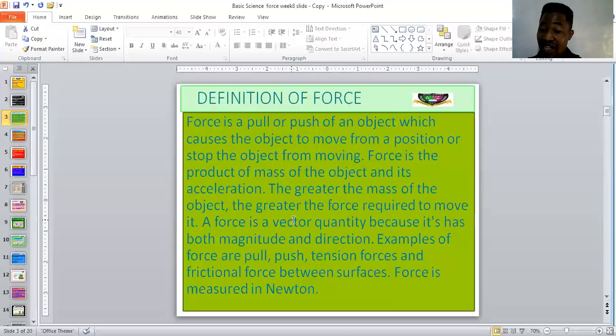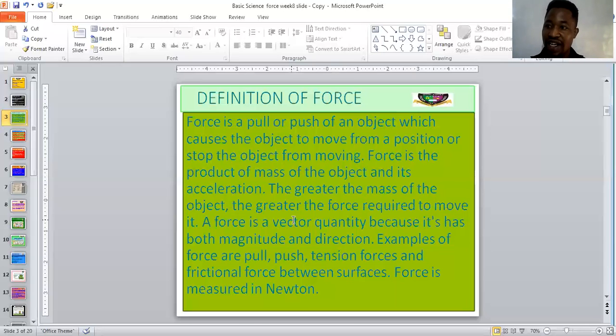Is that okay? Now, that was what I just said here. The greater the object, the greater the force that is required to push that object. Like I said, you want to push a car, the car is so heavy, it requires equal force. It requires the equal weight of that car to be pushed.